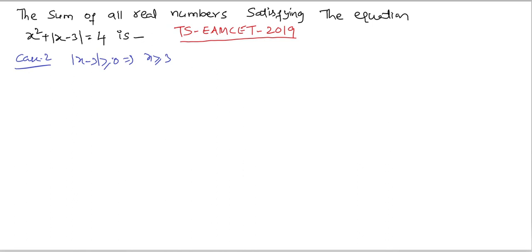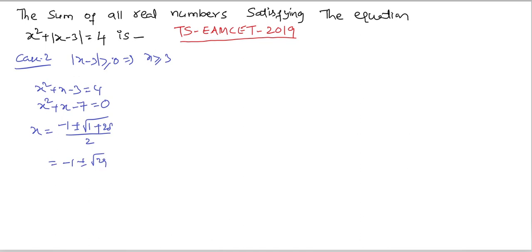So the given equation is, mod x minus 3 is equal to x minus 3, that is x square plus x minus 3 is equal to 4, x square plus x minus 7 is equal to 0. So x is equal to, applying minus b plus or minus under root of b square minus 4ac by 2a, minus 1 plus or minus square root of 1 plus 28 by 2, that is equal to minus 1 plus or minus root 29 by 2.